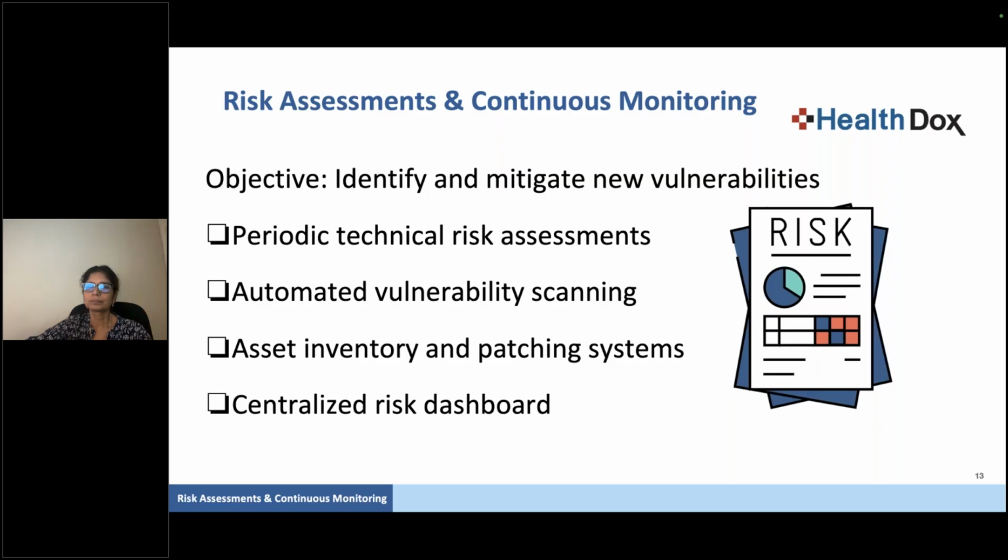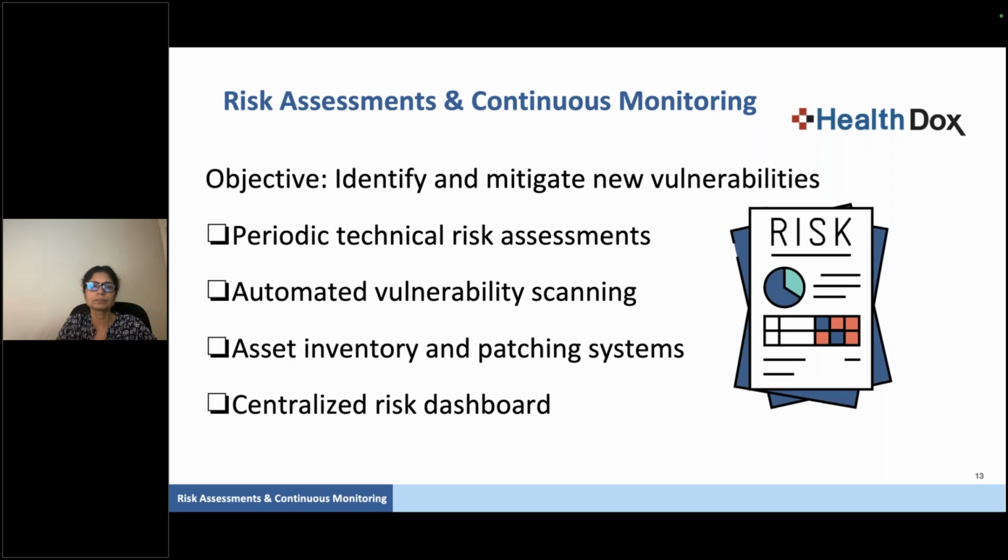Okay, so let us understand risk assessments and continuous monitoring. Another aspect, I think all of us will agree, of the technical safeguards is risk assessment. When we talk about risk assessment, I always use the term proactive.